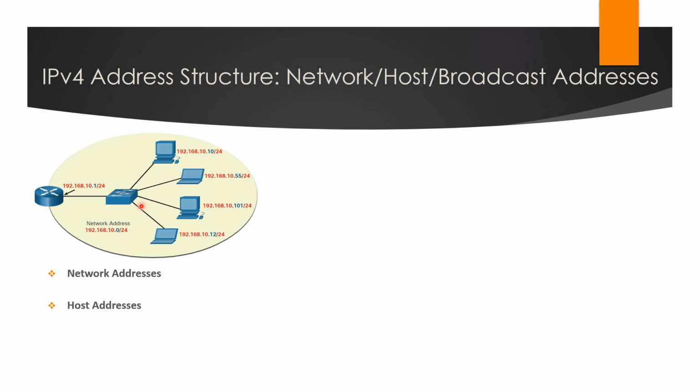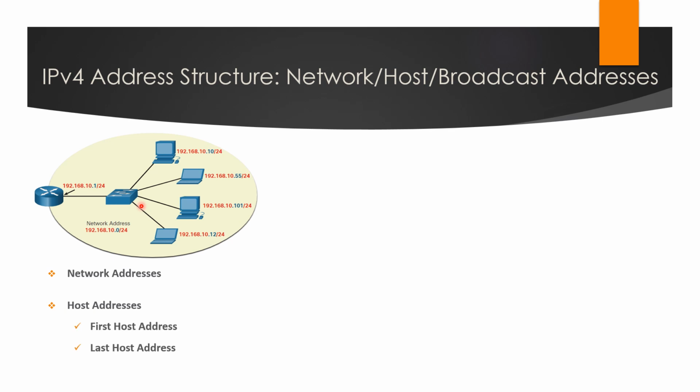Host addresses can have any combination of bits in the host portion except for all 0 bits or all 1 bits. All 0 bits is the network address, and all 1 bits is the broadcast address. All devices within the same network must have the same subnet mask and the same network bits. Only the host bits will differ and must be unique.